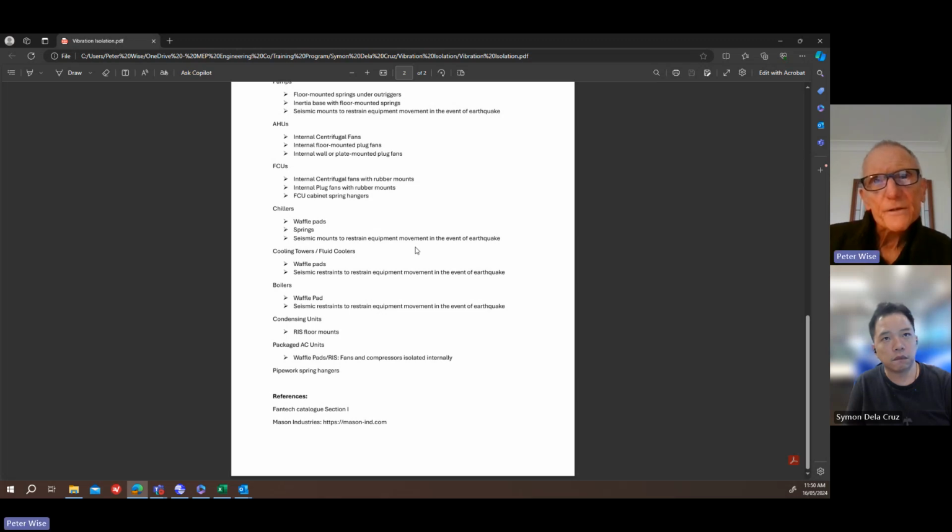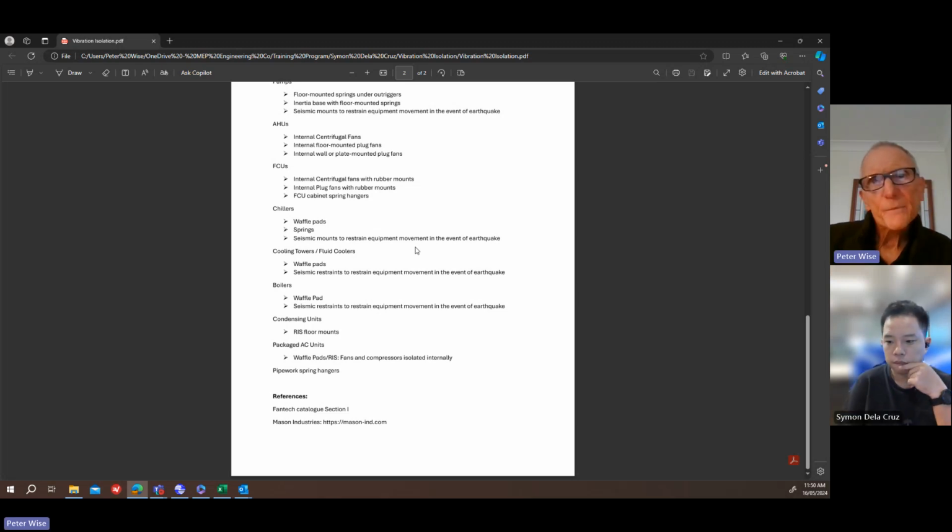When you're selecting fans, the manufacturers will usually recommend the types of isolation you need. But if you're drawing it, then you need to know, I suppose. Well, all you need to do is make a note that you've got vibration isolation. When the fans are selected, the fan manufacturers will usually recommend the types of mounts that you need.